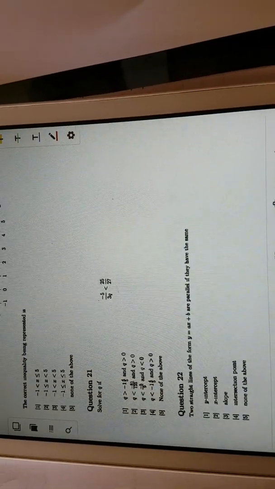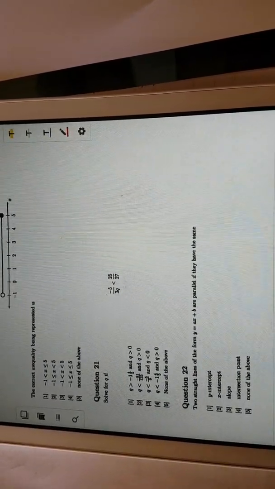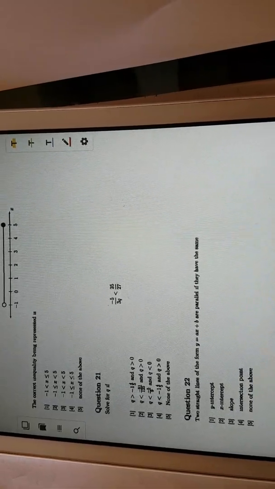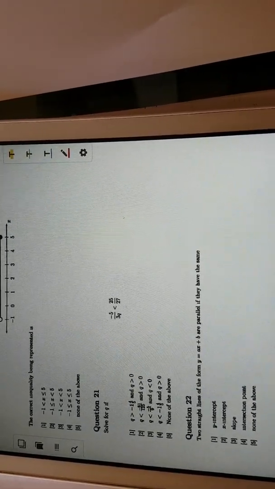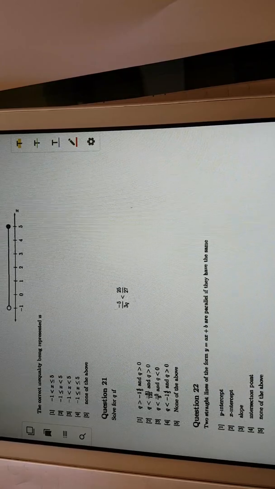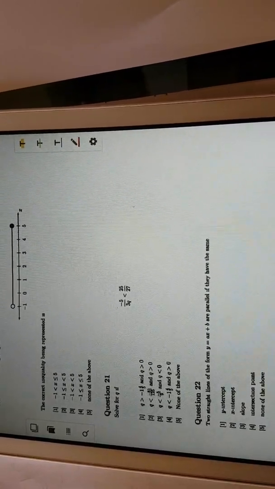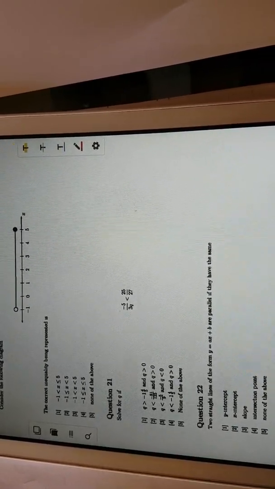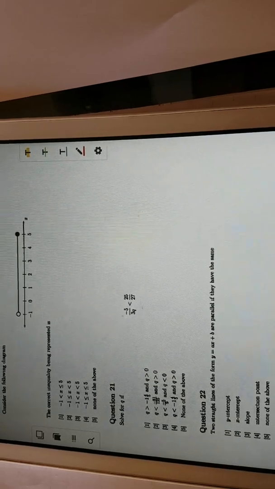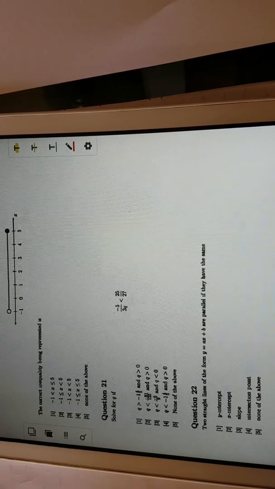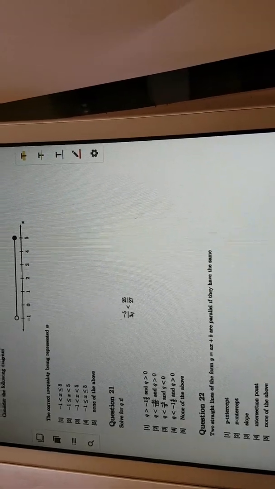So option number 4, Q is less than negative 1 4 over 5, and Q is greater than 0. So the answer is none of the above, because negative 1 4 over 5 is not greater than 0. Any negative number is less than 0. So the answer here is none of the above.